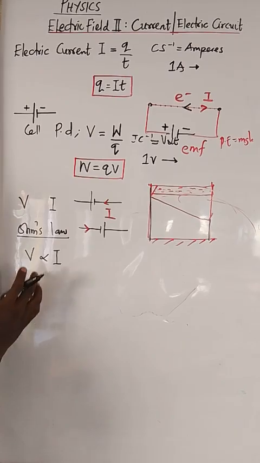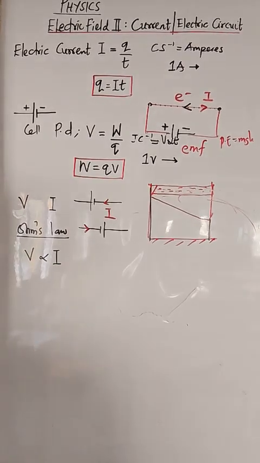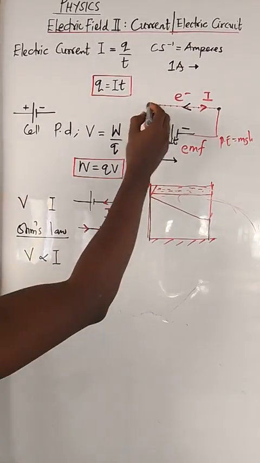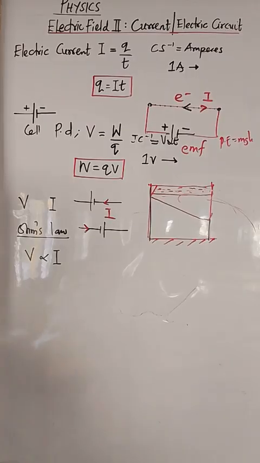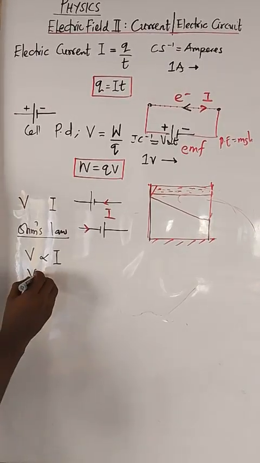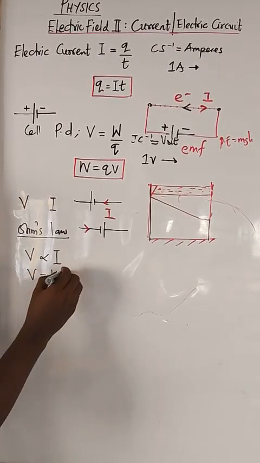So Ohm's law: the current passing through a metallic conductor is proportional to the potential difference across its ends, provided that temperature, cross-sectional area, and other physical factors are kept constant. So from here, V becomes kI.